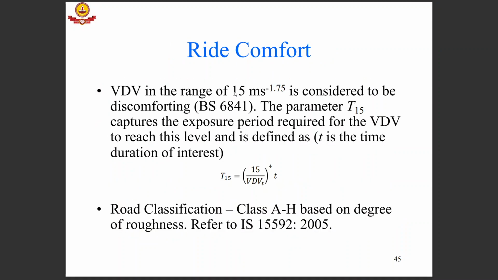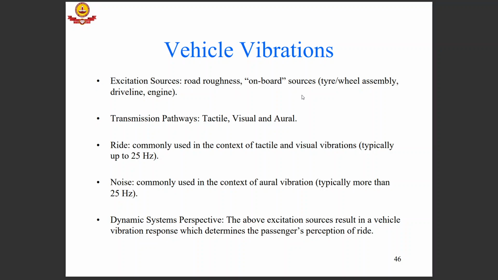Okay, then let's take a look at vehicle vibrations. There are excitation sources like road roughness, and there are onboard sources like tire and wheel assembly, drive line and engine. We have ride, which is commonly used in the context of tactile and visual vibrations, typically up to 25 hertz. Then anything which we can hear is characterized as noise, typically above 25 hertz.